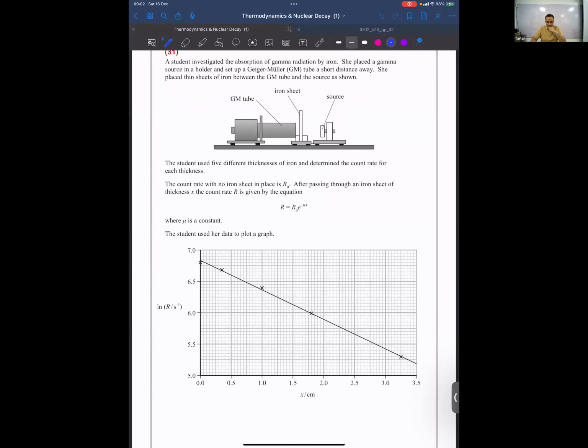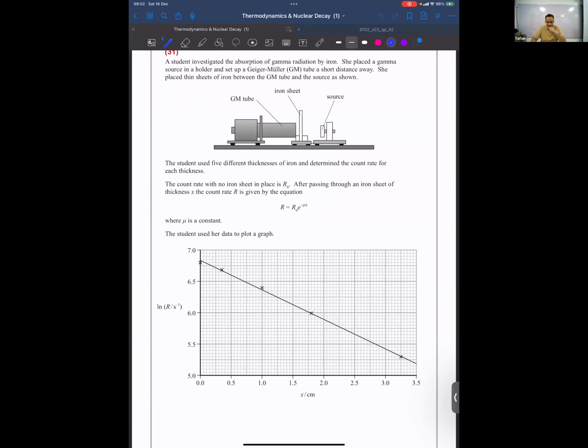It's a very simple question. All you need to do is check the half value thickness for this particular material and see whether it is 1.5 centimeters. Your job is done.